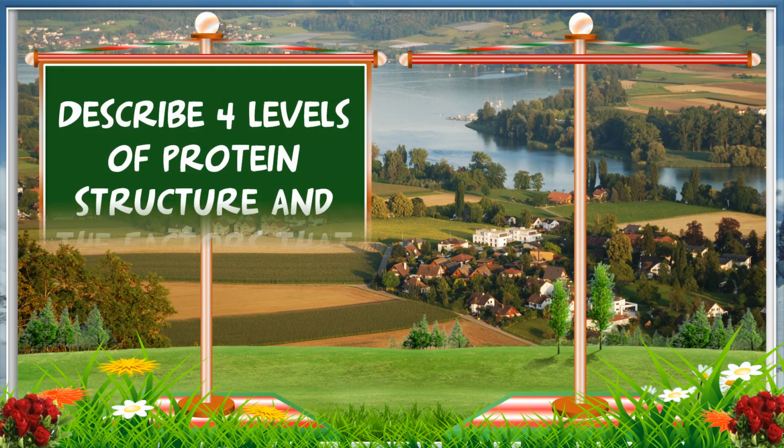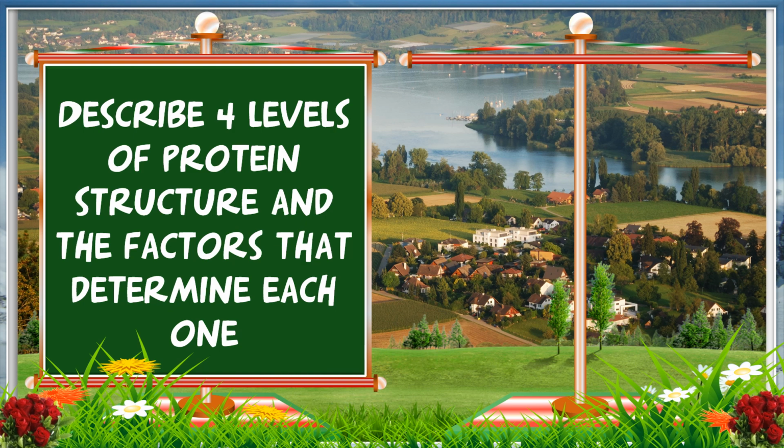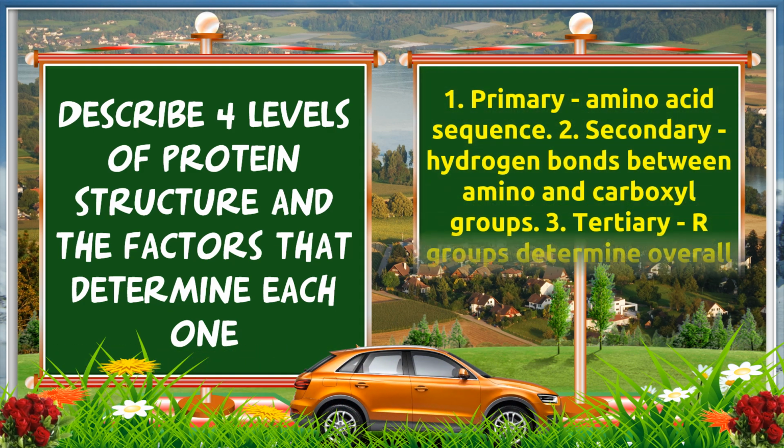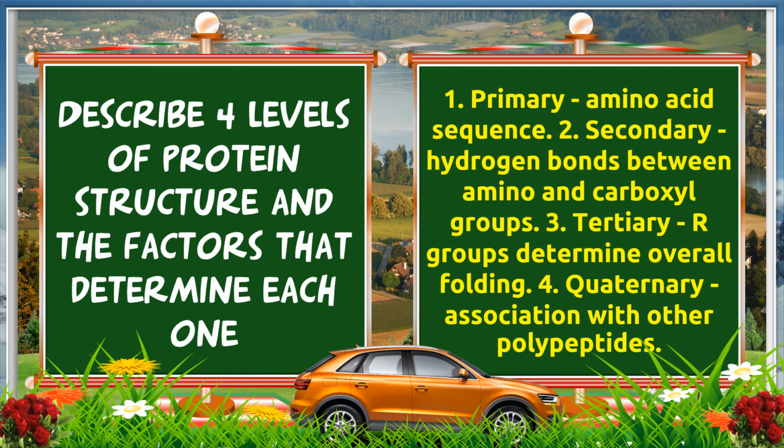Describe 4 levels of protein structure and the factors that determine each one. One, the primary structure. We have amino acid sequence. Two, secondary structure.